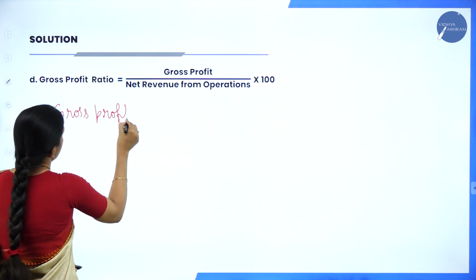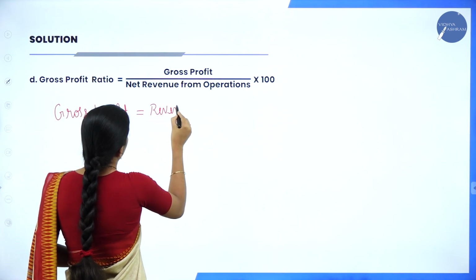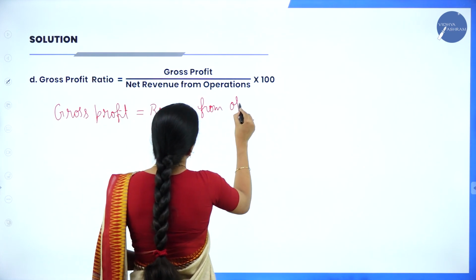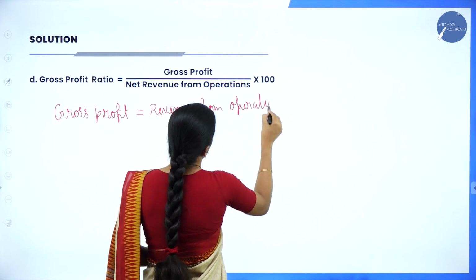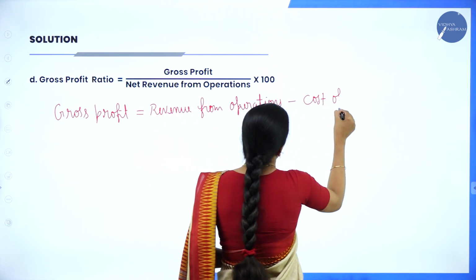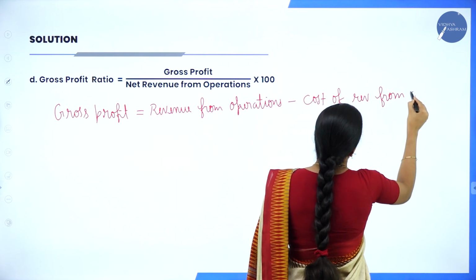Gross profit is equal to revenue from operations minus cost of revenue from operations.